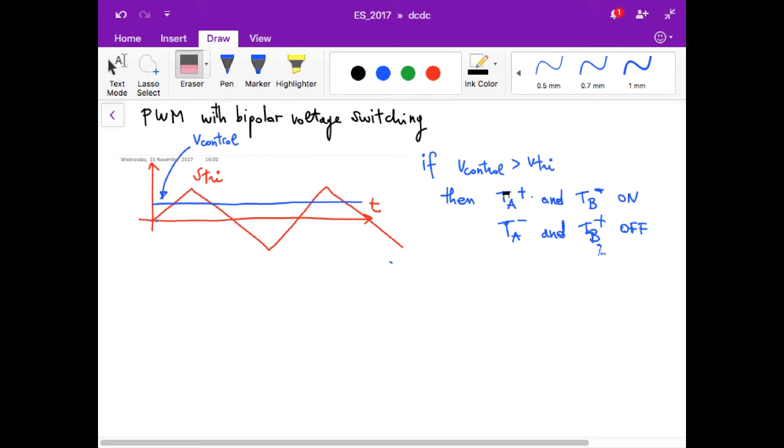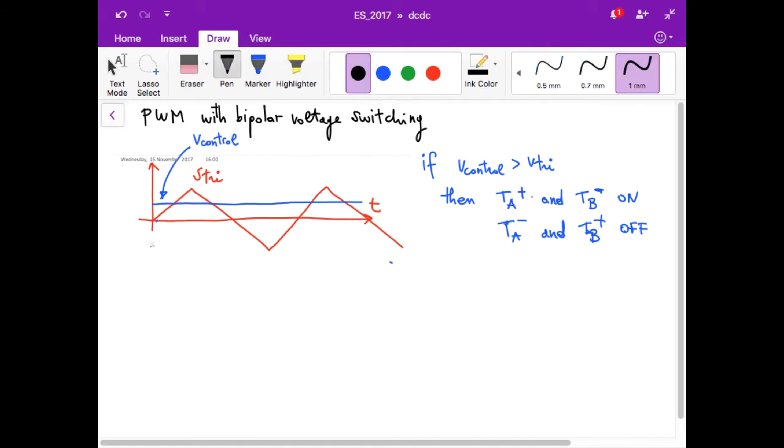Of course, if the opposite is true, the opposite is true also for the switches. So I write only one condition. If this is smaller, then the first two are off and the last two are on.